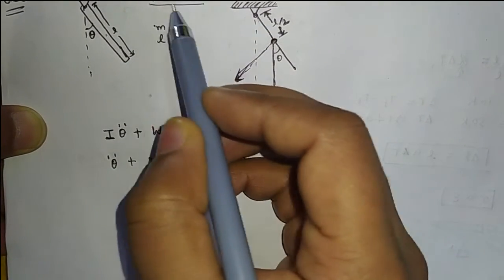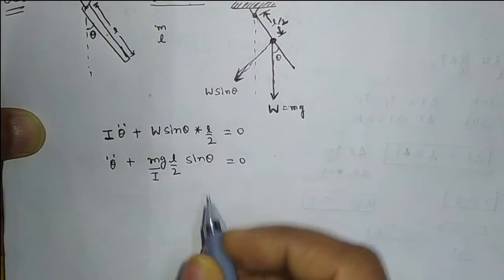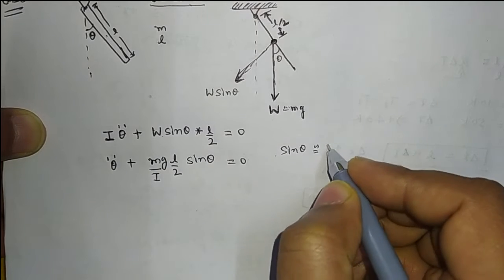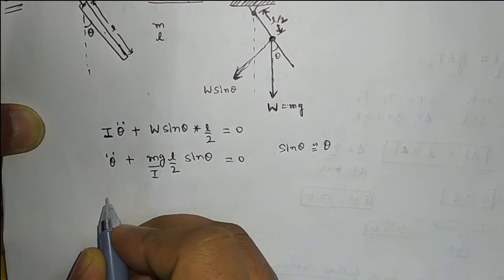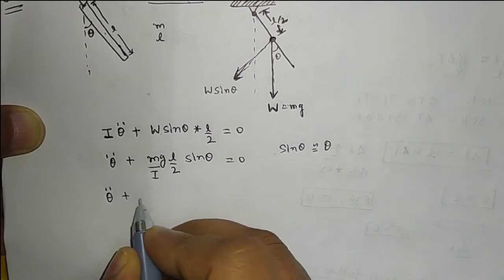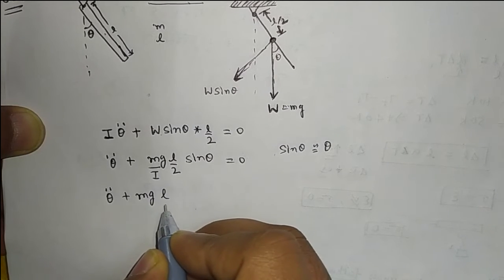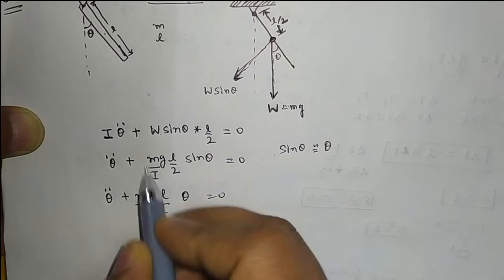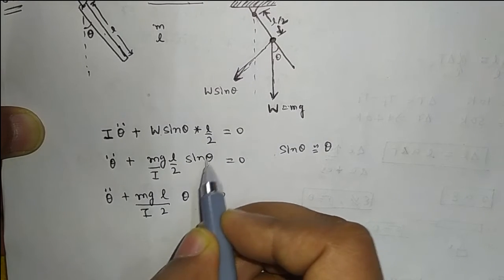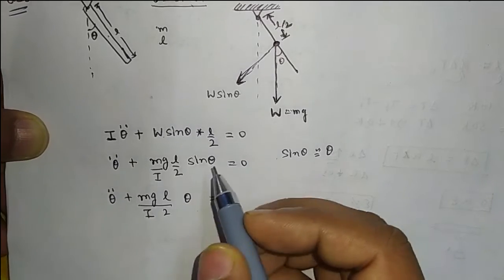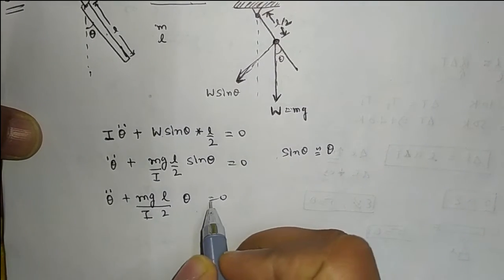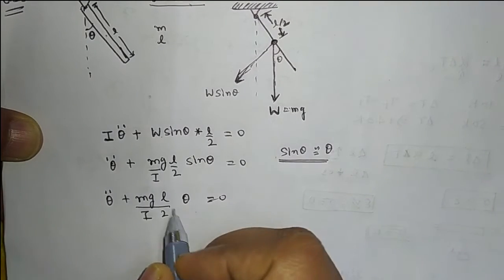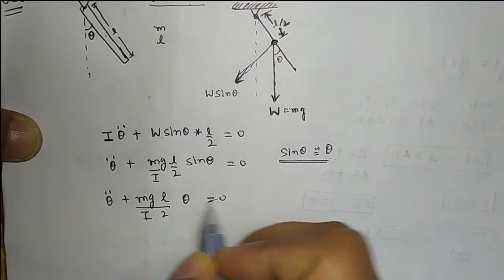As the oscillation is small, theta is small, so sin theta is approximately equal to theta. Here the equation is non-linear because sin theta can be expanded. And now after assuming small oscillation, this equation becomes linear.